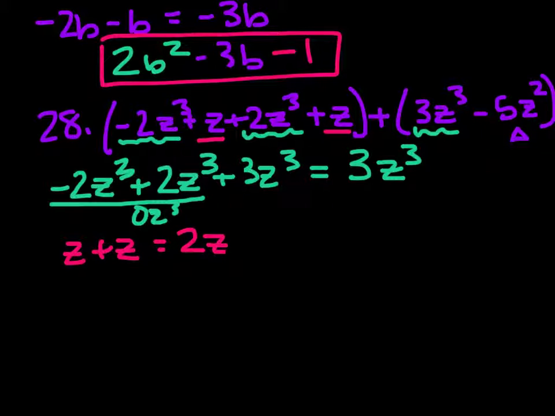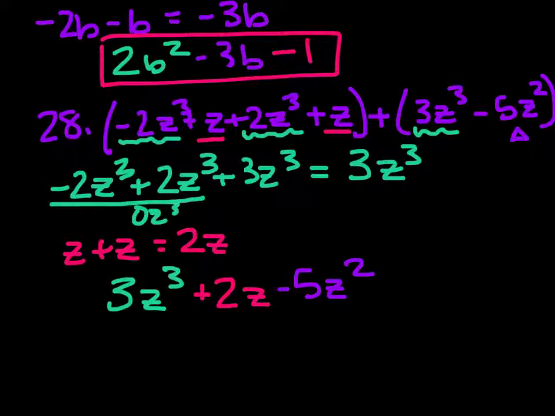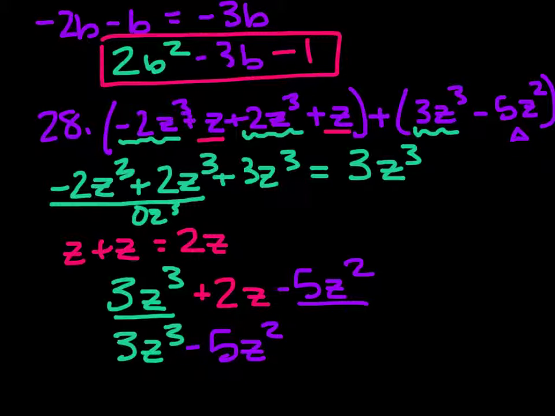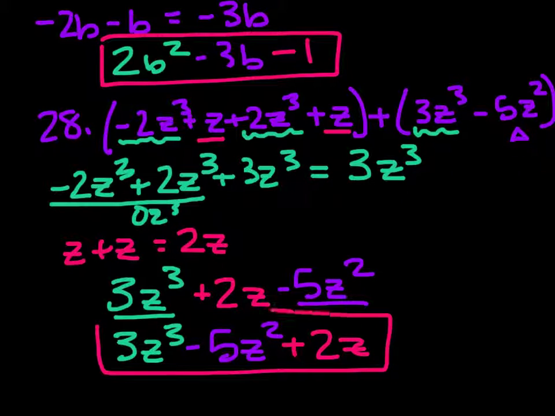And we still have that negative 5z squared, so we can rewrite this all together as 3z cubed plus 2z minus 5z squared, and this is not my final answer because it's not written in standard form, so let's write it in standard form. Here's the first one, 3z cubed minus 5z squared plus 2z. Always make sure you write your final answer in standard form.